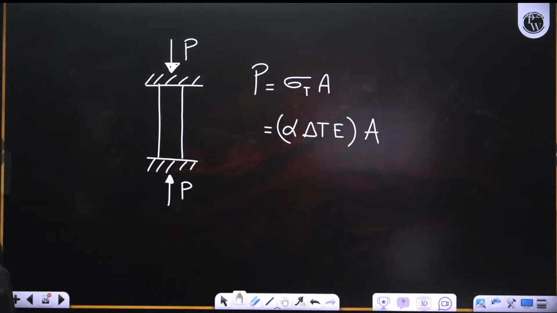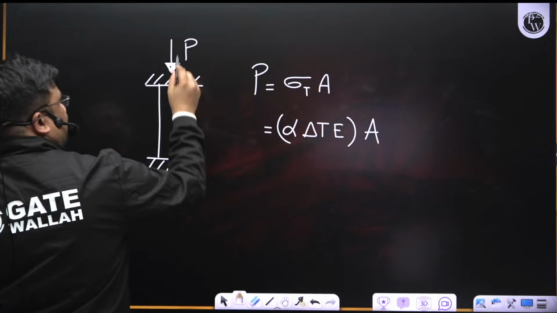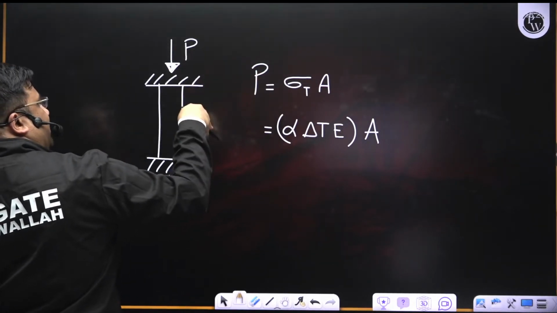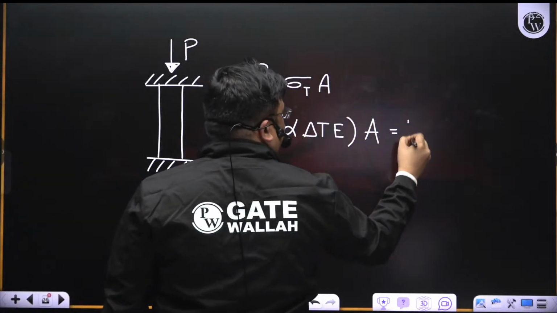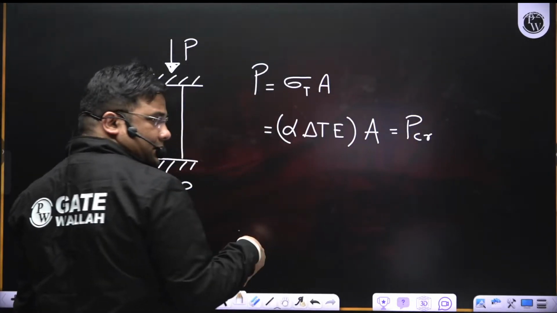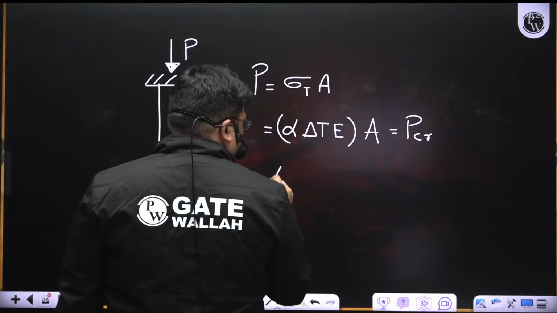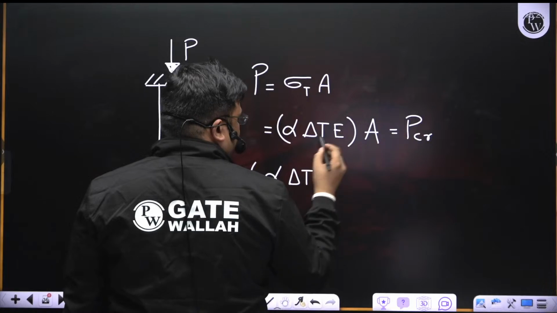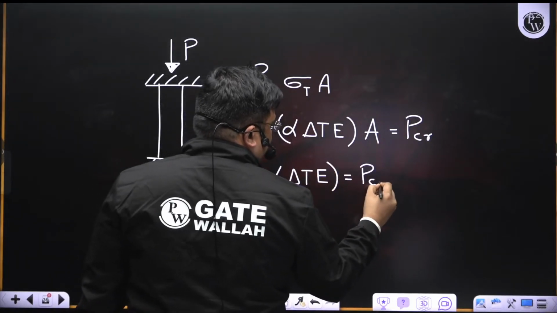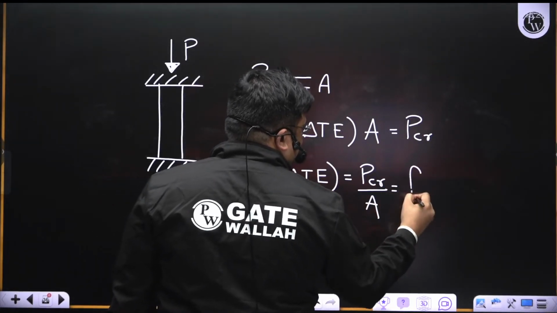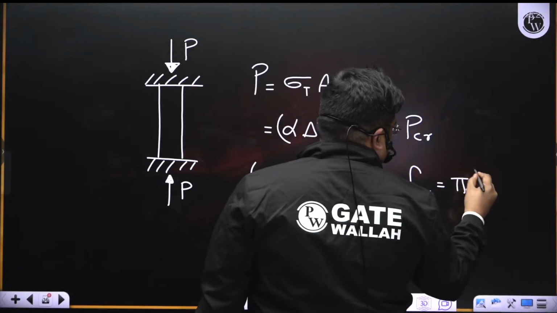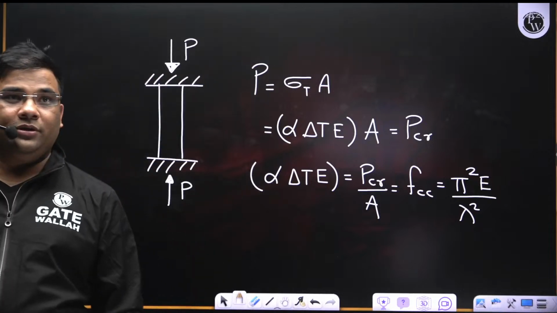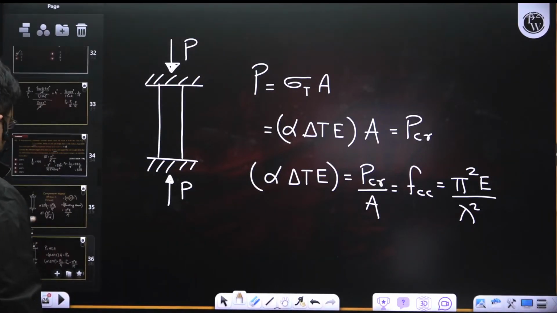Now when this reaction force, which we got due to thermal stress, becomes equal to the buckling load, then there will be buckling. So thermal stress into area is equal to the buckling load. So thermal stress will be the buckling load by area, and buckling load by area is the buckling stress, which is pi square E by slenderness ratio square. Understood this question and concept? They might repeat this question and concept.